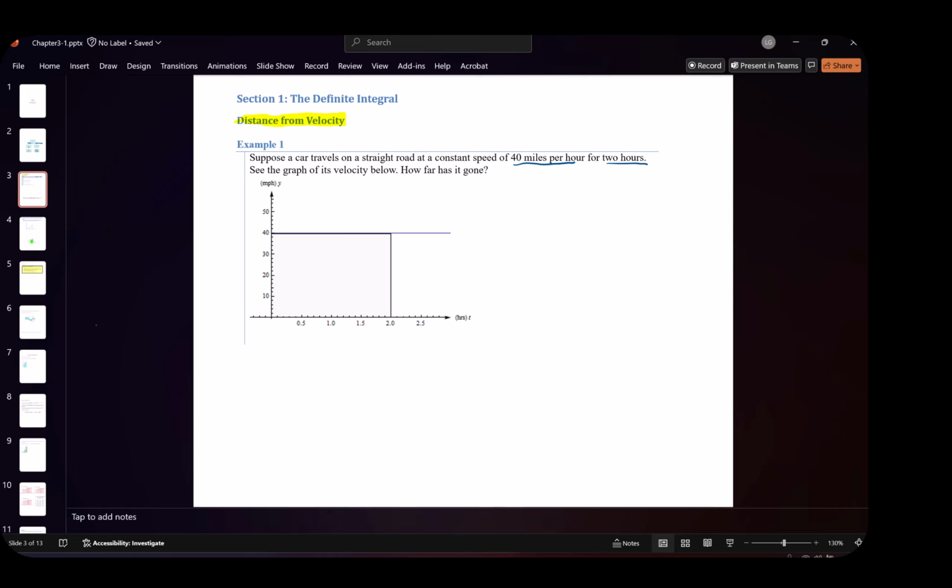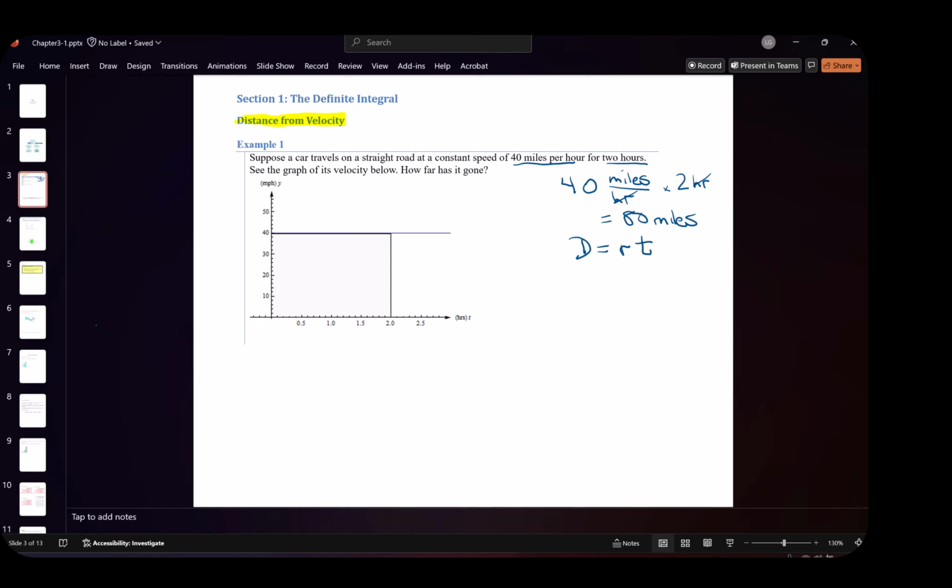If I went for 2 hours, I'd be going 40 miles per hour times 2 hours. This would cancel and I'll get 80 miles. We know that distance equals rate times time. Rate would be the velocity, time is our hours.